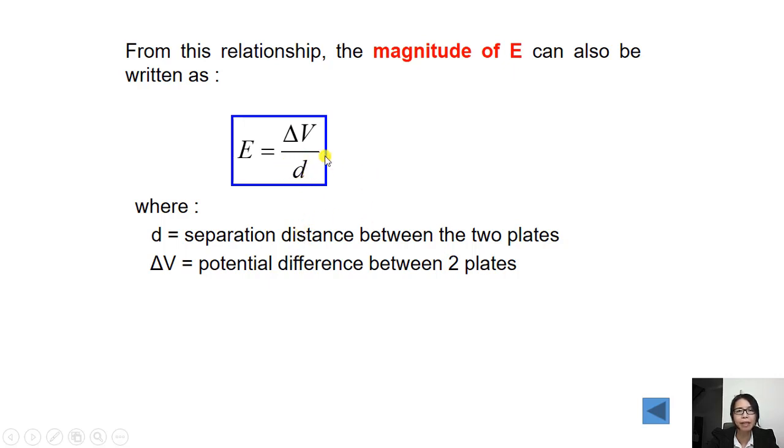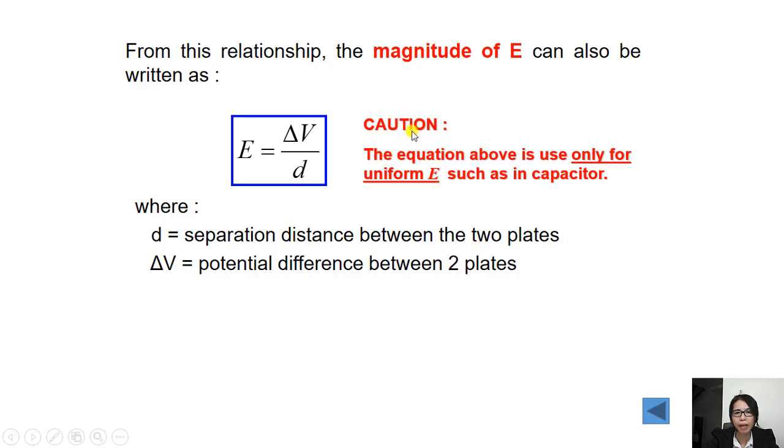So in calculating the value of electric field for two parallel plates, we do not need to consider the negative because we only want to calculate the magnitude. So be careful. This equation can only be used for uniform electric field E, such as in a capacitor. This formula can only be used for uniform electric field.